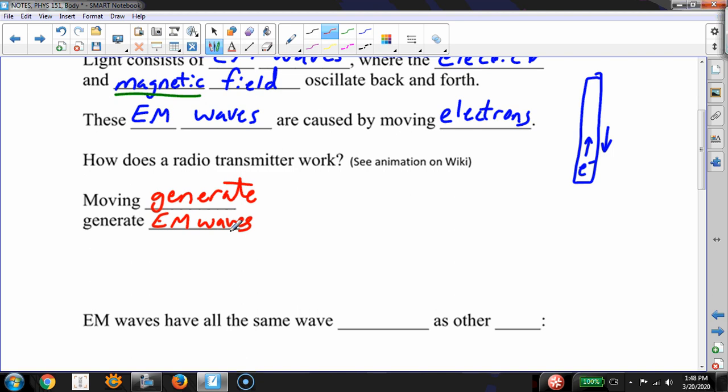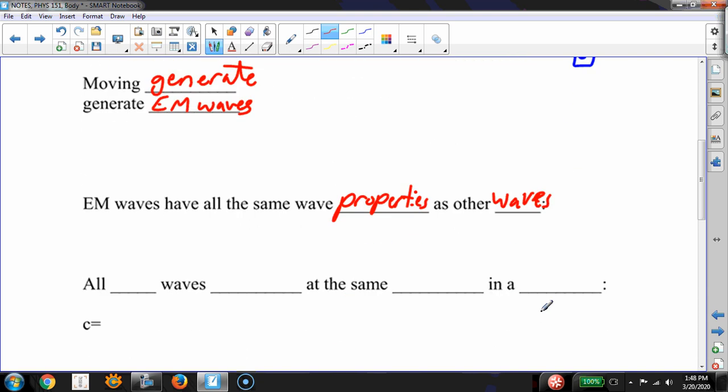Electromagnetic waves have all the same wave properties as other waves. A couple of chapters ago, when we learned about waves, they had several different properties. That was the speed, or v. They also had a wavelength.